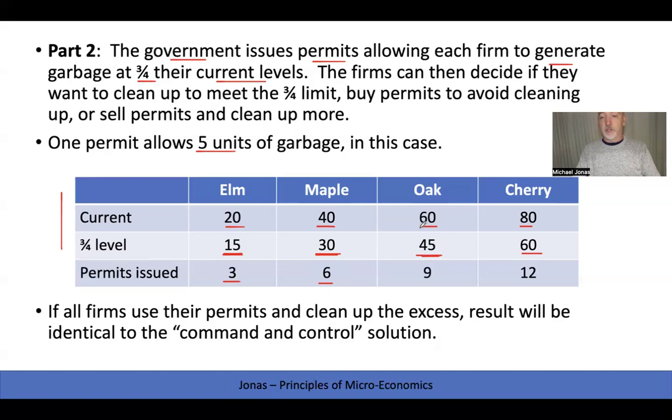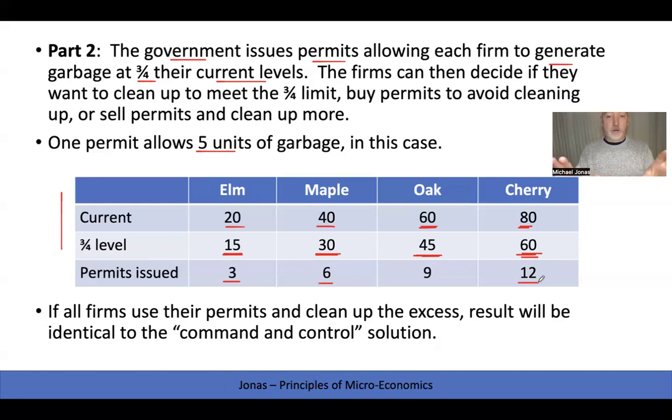So the 75% of 60 for Oak, they are allowed 45 units of pollution, which is going to be 9 permits, 9 times 5. Whew. And then lastly, the high pollution emission firm, Cherry, had 80 to begin with. It's allowed 60, and at 5 units apiece, that'll be an initial allotment of 12 permits.